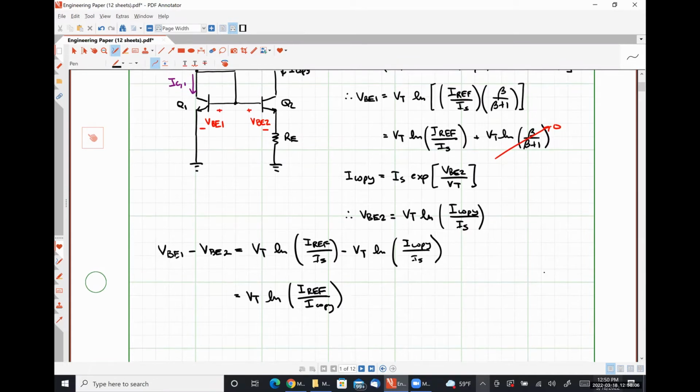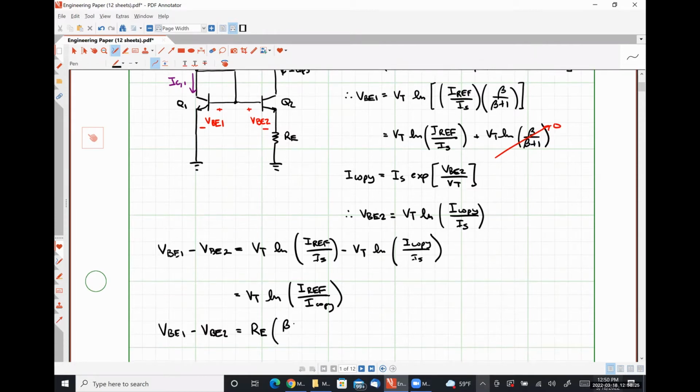We can see, applying Kirchhoff's voltage law, that VBE1 minus VBE2 is just going to be RE times the emitter current of Q2, which is beta plus 1 over beta times I copy.